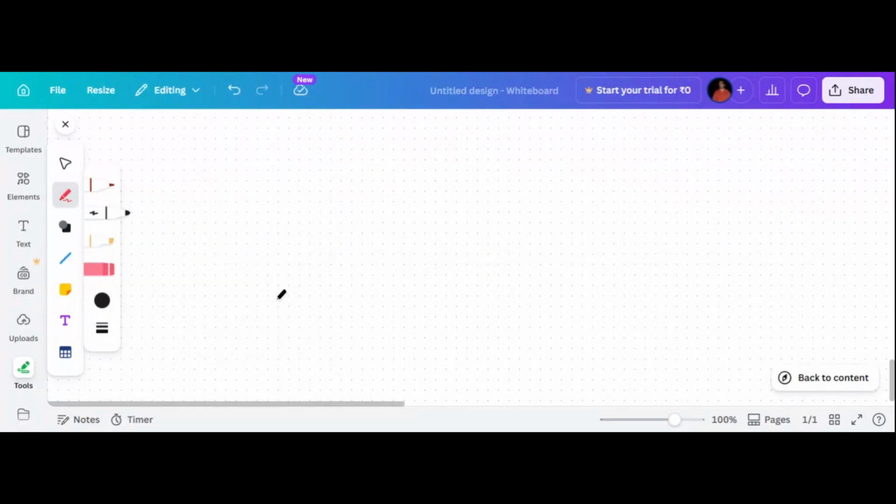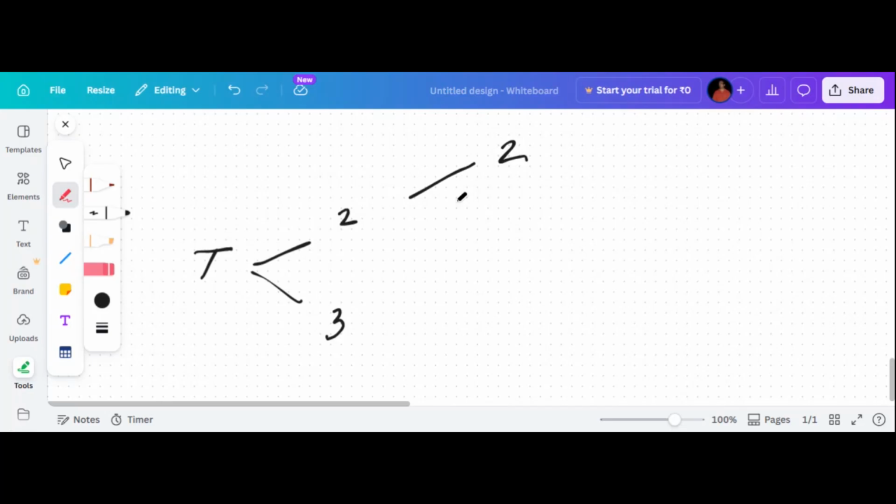Okay, how will they win more than 4 matches? Tom wins 2 or 3, and Claire wins 2 or 3. We want more than 4, so this we won't consider. Tom can win 2 and Claire can win 3, so that will be 0.4 into 0.5, that is 0.2.